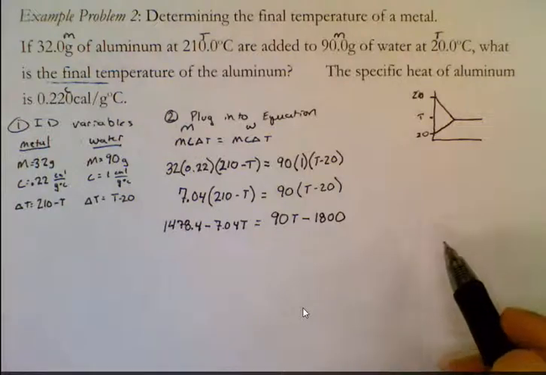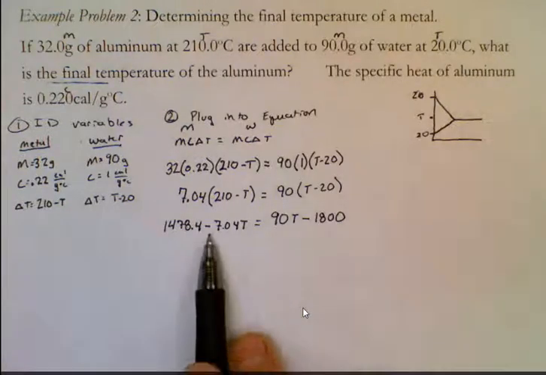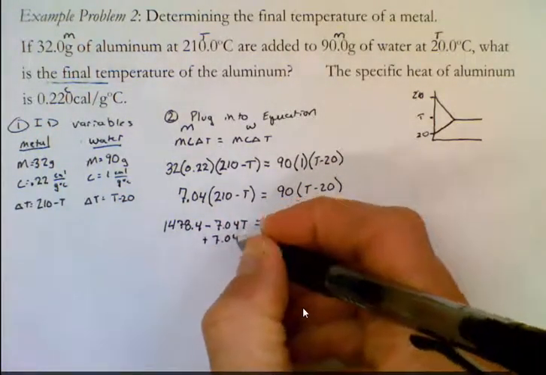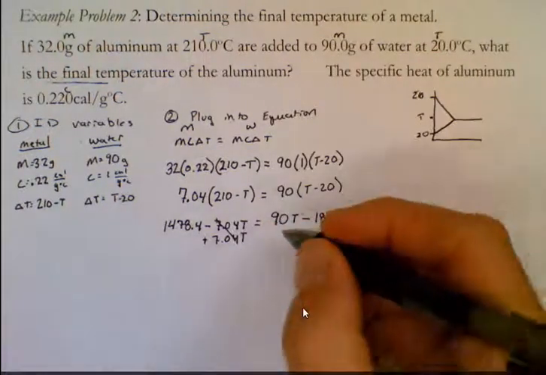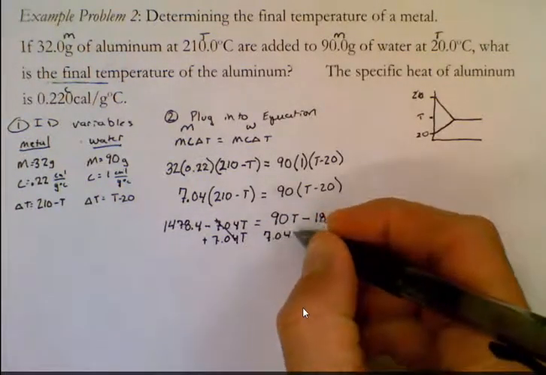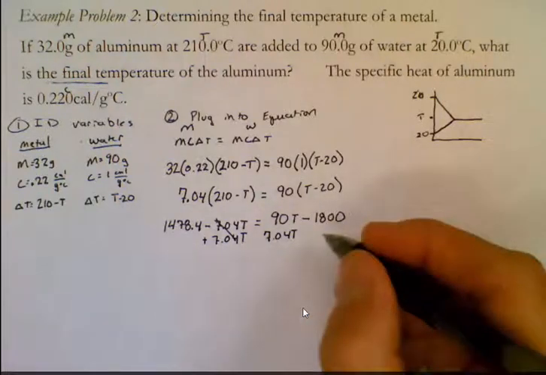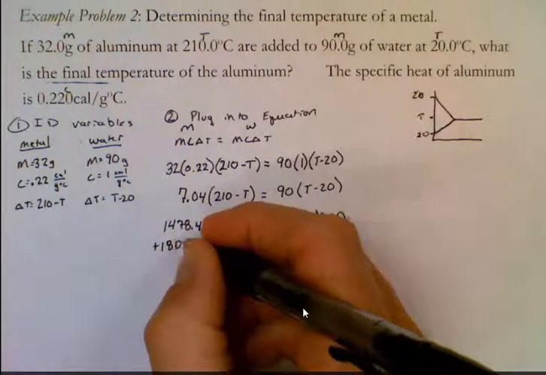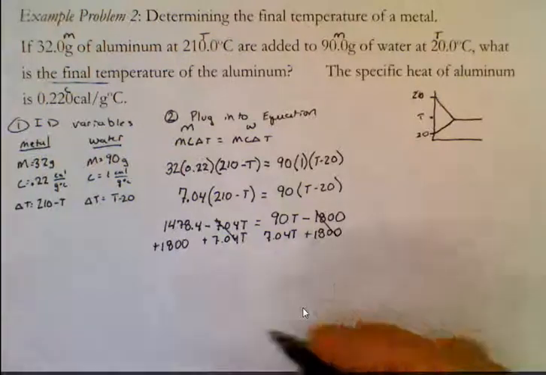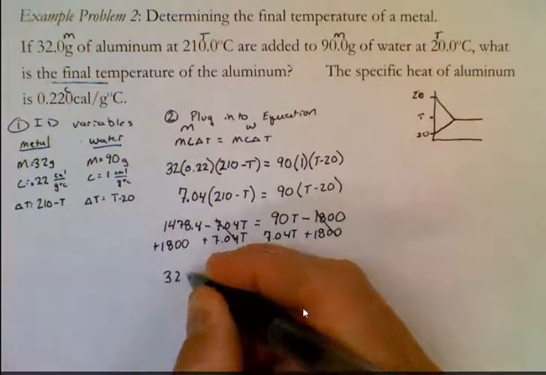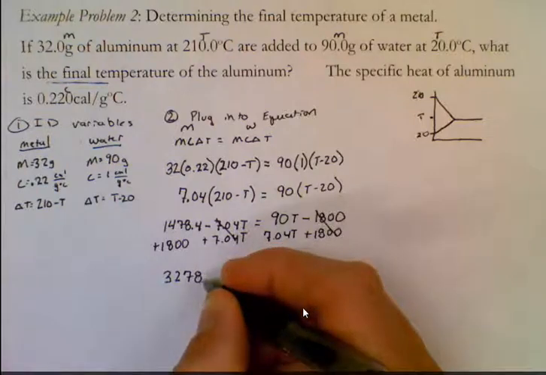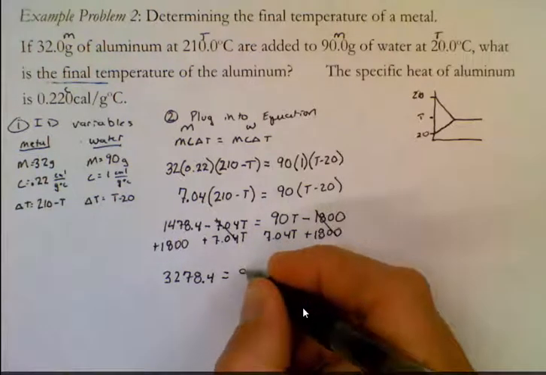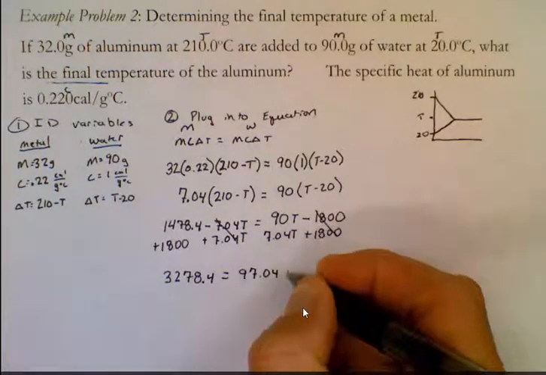I need to combine like terms again. So I'm going to add my 7.04T. I'm doing the opposite, so that crosses off. These will get summed together, and I'm going to add my 1,800. And when I combine those, I get 3,278.4, which is equal to 97.04T.